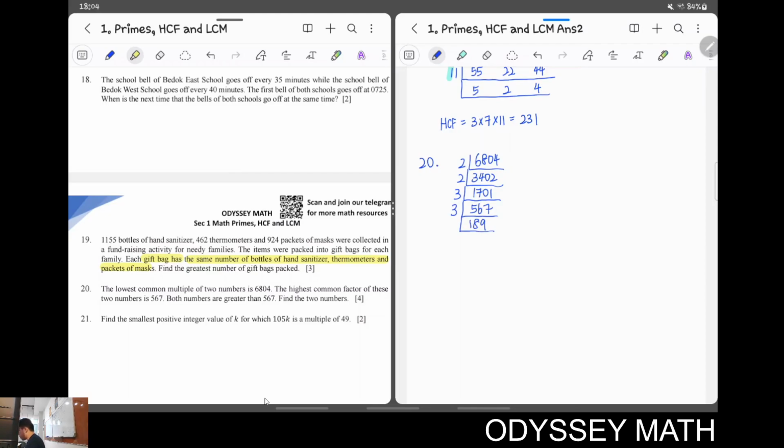Divide by 3 again, we have 63. Divide by 3 again, we have 21. Then divide by 3 again, we have 7, divide by 7, all the way until 1. Then we multiply all the numbers vertically. So we have 6804 equals 2 squared times 3 to the power of 5 times 7.